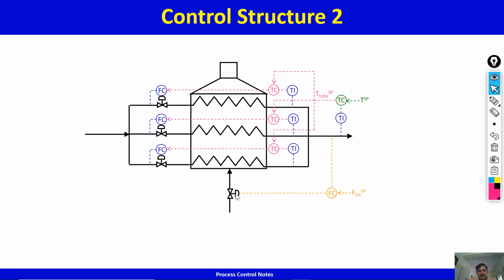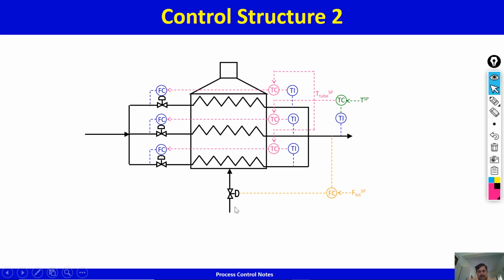So the point is, dynamics with respect to T tube set point changes is fast compared to dynamics with respect to changes in the firing rate, changes in Q. Okay, so you expect that you'll get very tight temperature control here, whereas the flow control will be relatively loose because of slow dynamics of this loop.